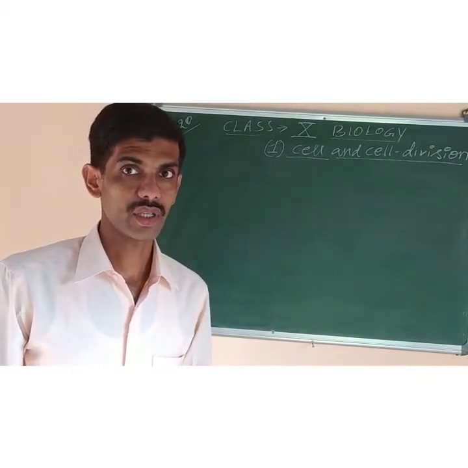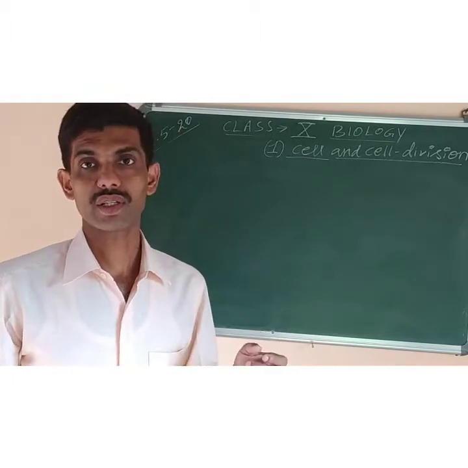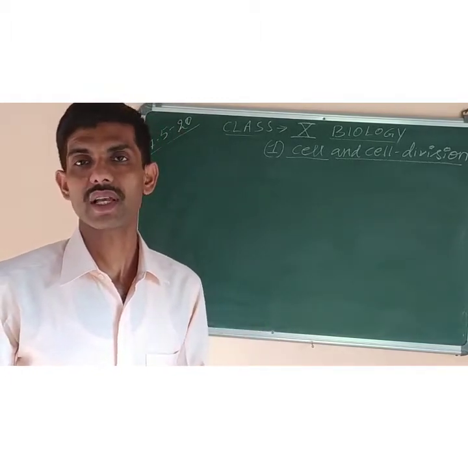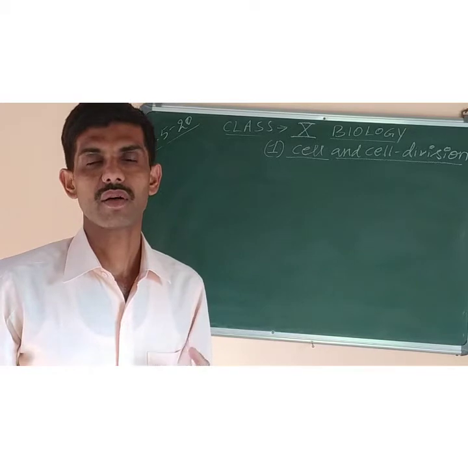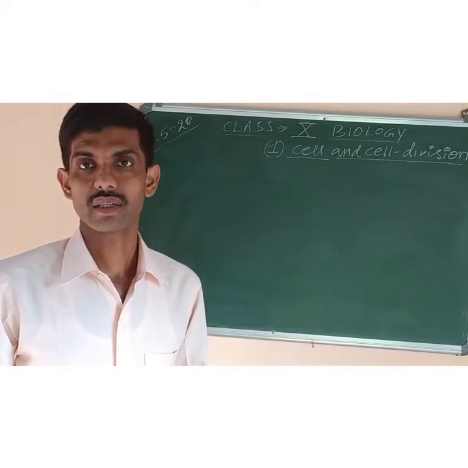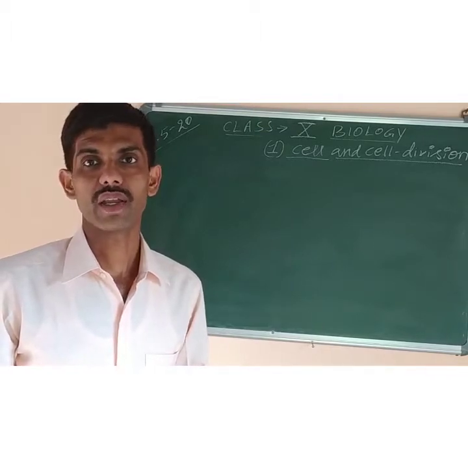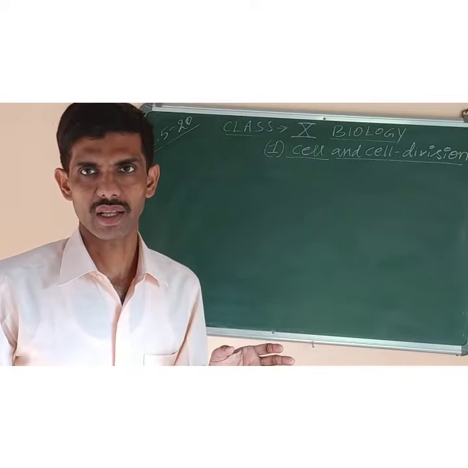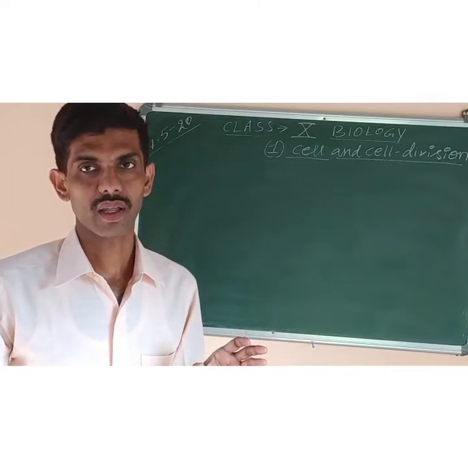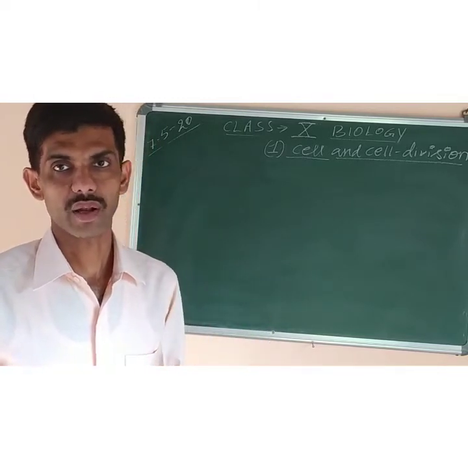Then we talked about G0 phase. G0 stage refers to that part of the cell cycle in which some of the cells, like our brain cells or the heart cells, which fail to divide, exit the cell cycle. Means they are not going to take part in the remaining part of the cell cycle.